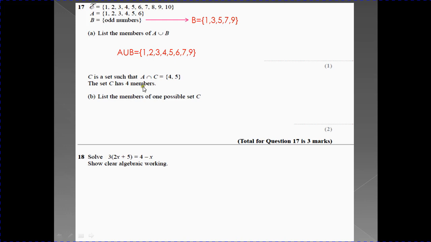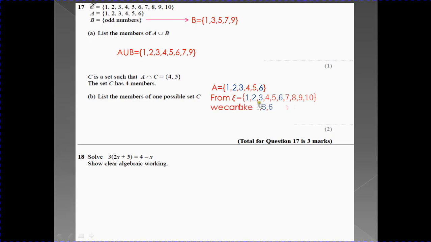And the next question, he said here, C is a set such that A intersect C equals 4 and 5. Then the set C has 4 members or elements. Okay. He asked you to list members of one possible set C. Let's see. A is 1, 2, 3, 4, 5, 6.